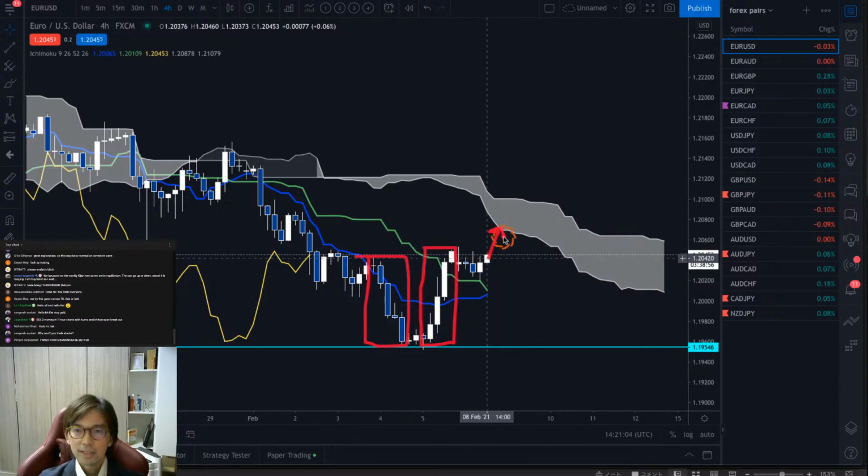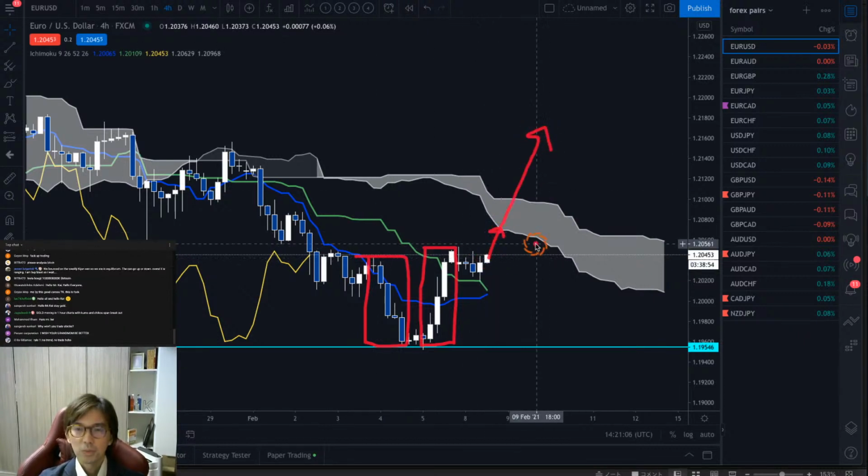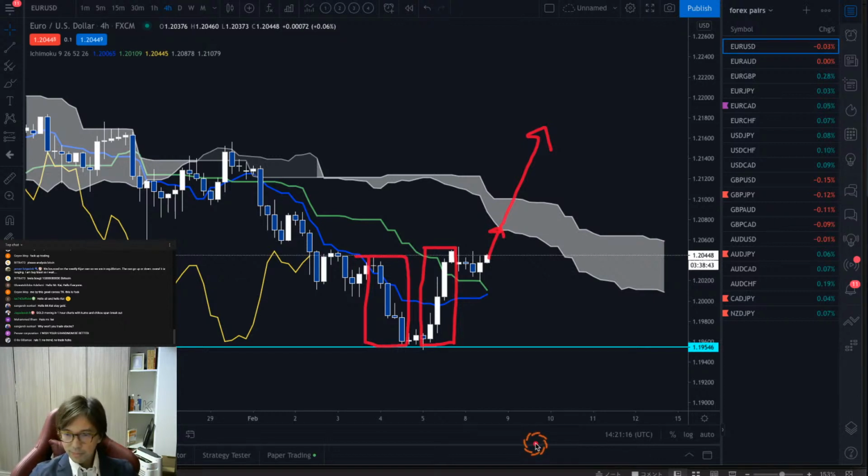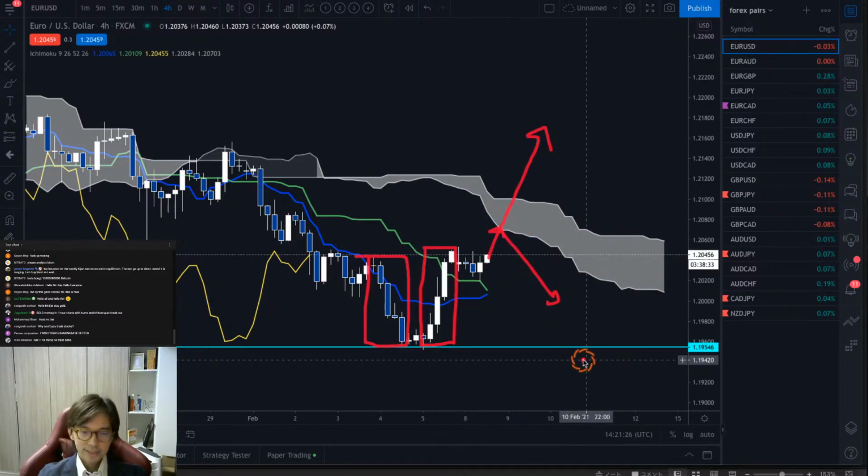If it breaks, then it might retrace backwards too. So this might become fake and it might reverse backwards still. So to make the long story short, this is a range market.